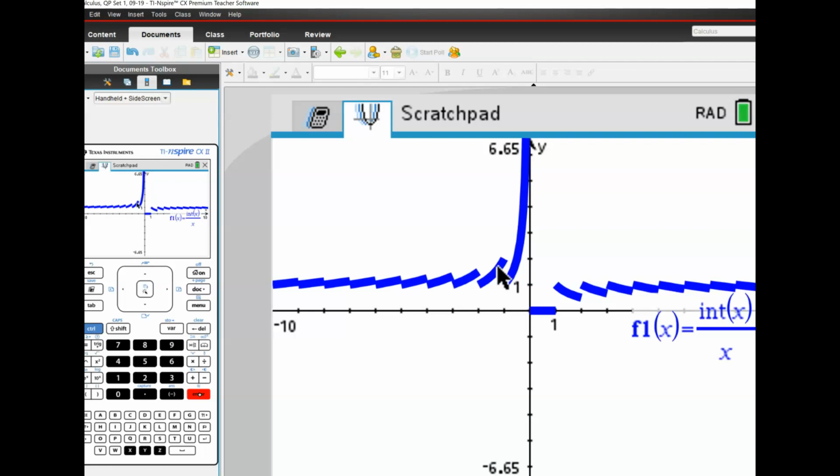Let me try. Only one way to find out. So what int x does is it literally casts it as an integer. If you've taken AP Computer Science last year, you should know what this means when you cast as an integer.